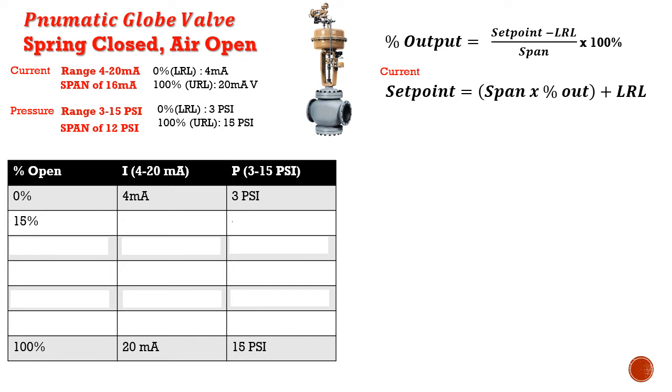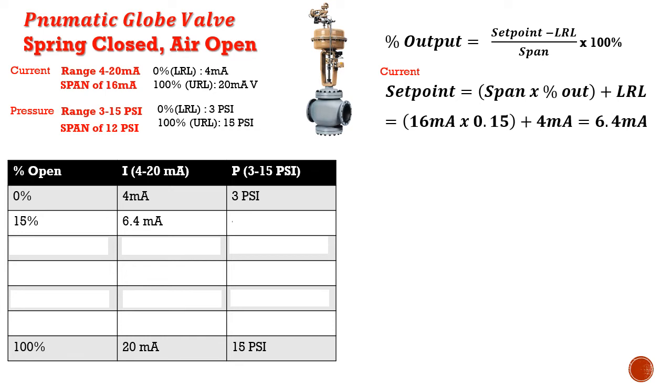So when we take our set point, let's take a look at 15% for our first one. So our percent out is 15%. We're going to multiply that by our span of 16 milliamps, which gives us a value of 2.4 milliamps.